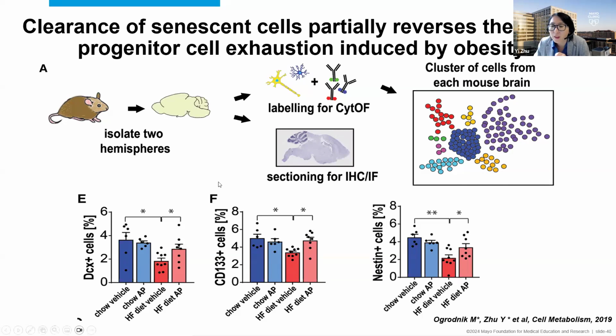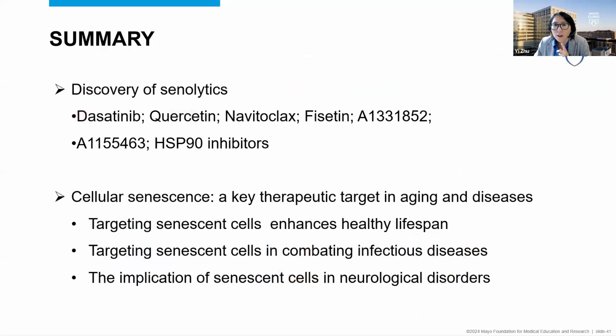And we believe this is not the only mechanism to explain this phenomenon. There might be other mechanisms, so we are continuing to investigate what exactly senescent cells do to affect neuronal progenitor cell exhaustion and other neurological disorders in the brain. So with that, I summarize my past research.